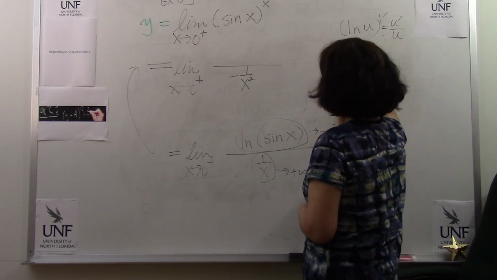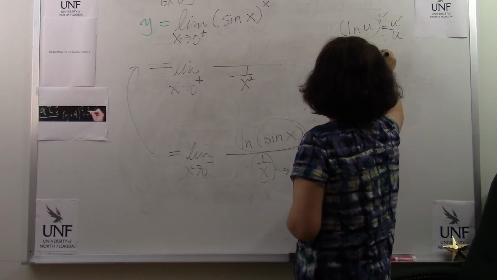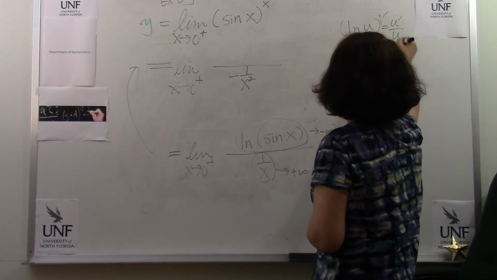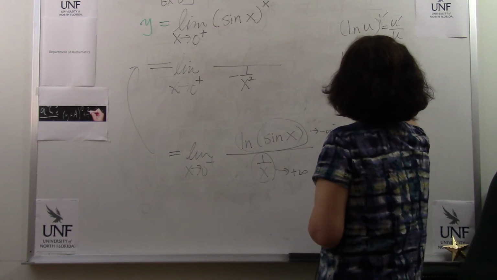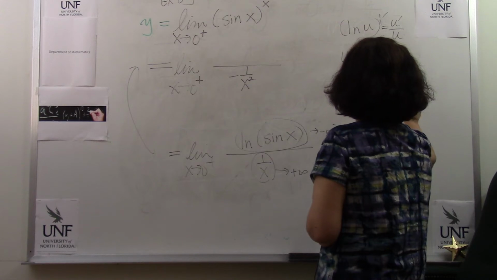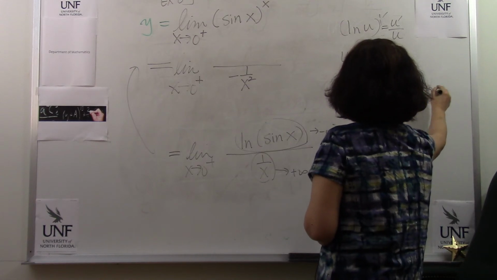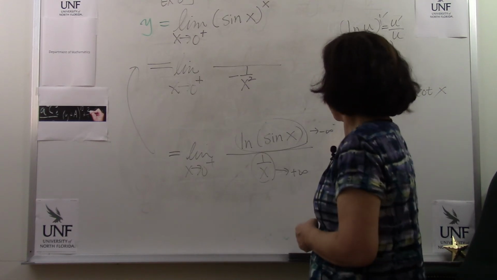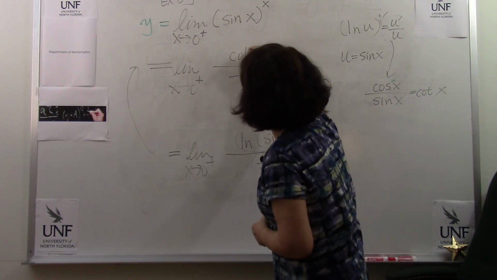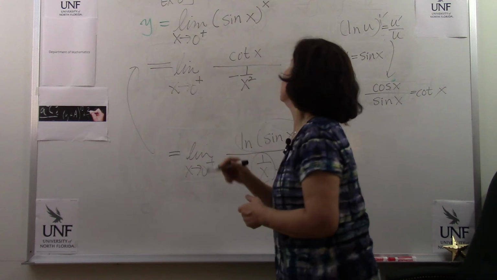This time u equals sine x. Isn't that right? Okay. So the derivative of sine x is cosine x. So cosine x over sine x. What is that? Can you call it cotangent x? Okay. So the relation over here is going to be cotangent x.